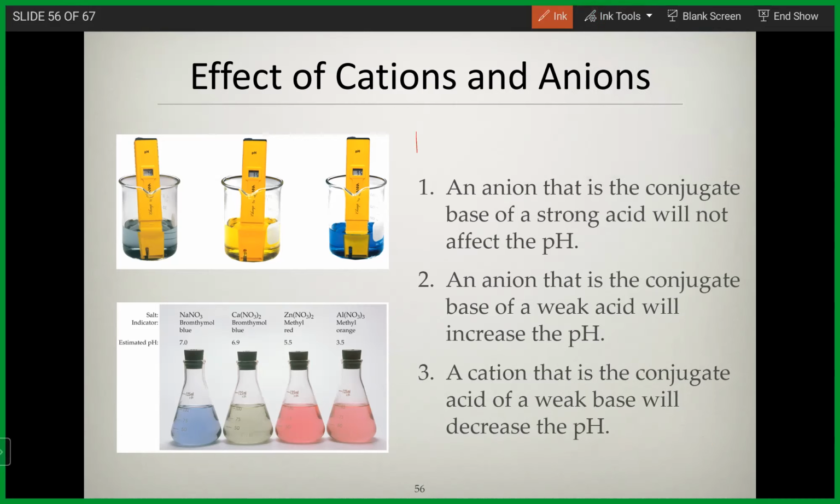So if we look at NH4 plus with water, ammonium is going to donate that proton, and that should be an equilibrium. So we're going to have NH3 now plus H3O plus. That's why if we took something like ammonium chloride and dissolved it in water, it's going to become more acidic, because that ammonium ion is going to interact with the water to give us those hydronium ions, those protons, in addition to some of that ammonia as well.